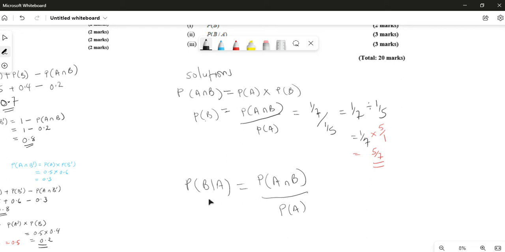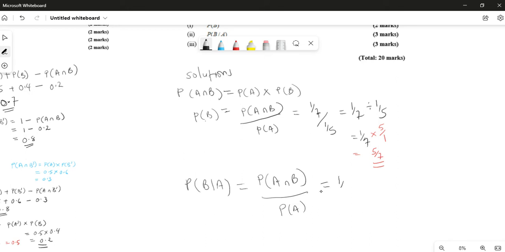Whenever you're dealing with conditional probability, always remember it is the intersection divided by, usually the denominator is the event which is at the bottom here. So the probability of event A is going to be at the denominator.